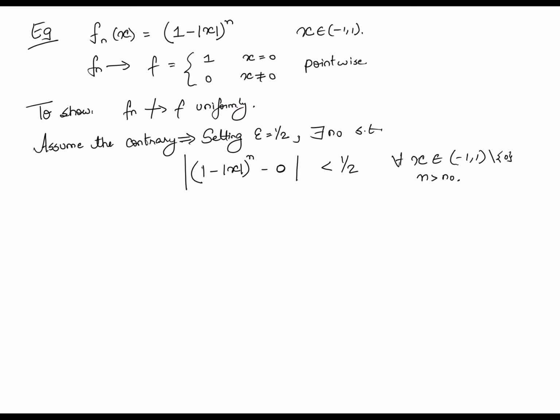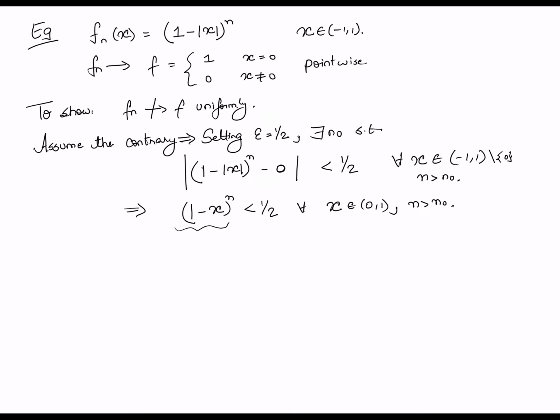Suppose I specialize this to only the positive half, the open interval from 0 to 1. That would imply that (1 minus x) raised to n must be less than half for all x in the interval from 0 to 1 and n greater than n naught. However, this condition cannot be true when x is sufficiently close to 0, because as x gets close to 0 this function will approach 1.